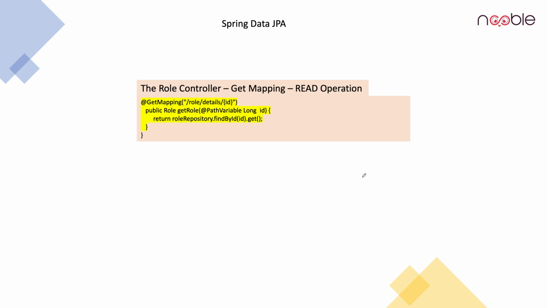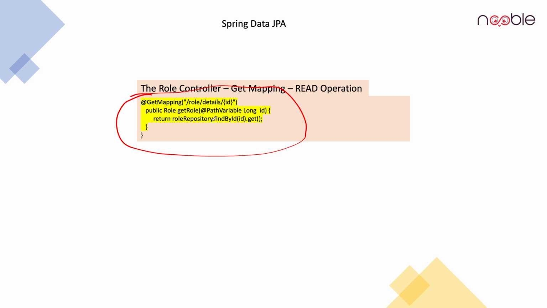Now let us talk about the read operation, which we did not discuss before. Here we have the @GetMapping, and as in the delete mapping, we are sending in the ID to get the particular role. So we are writing a method which returns a role and takes in a path variable of type long ID.